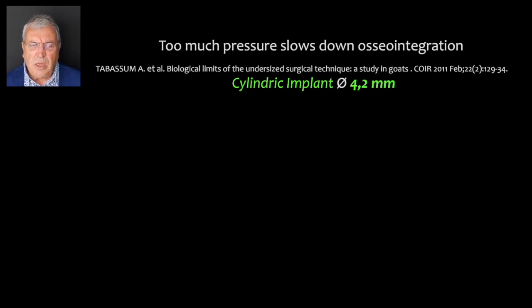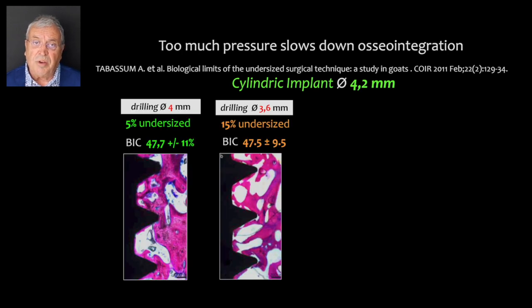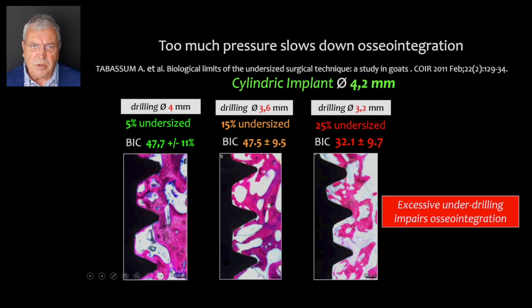He wanted to see what happens after placing an implant with undersized drilling, 5%, 15%, and 25%. Undersizing preparation of 5% or 15% does not affect the bone behavior. But when the preparation is 25% less, then we will meet an impairment of osseointegration.